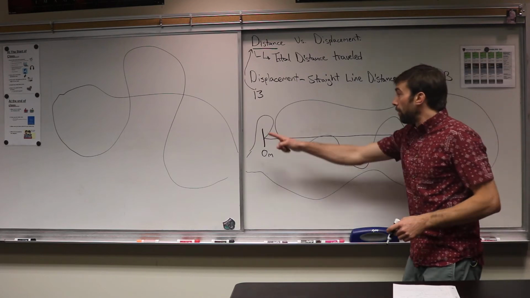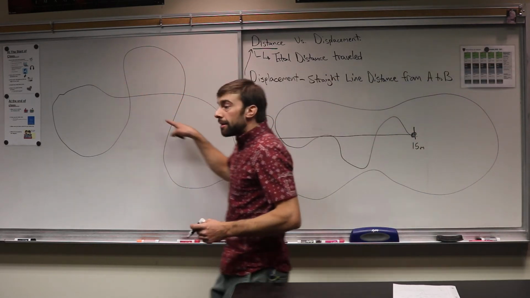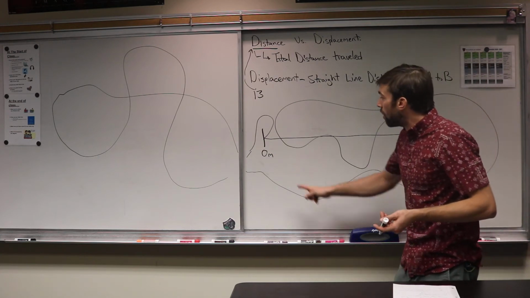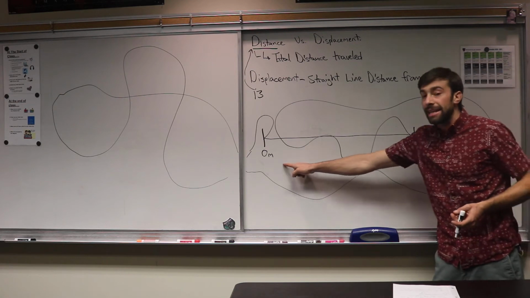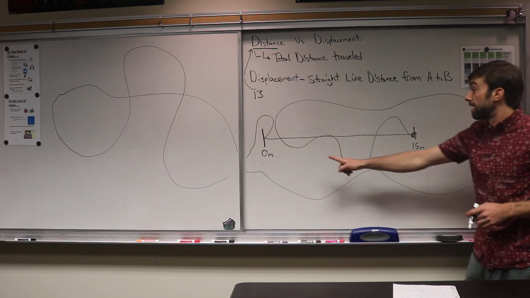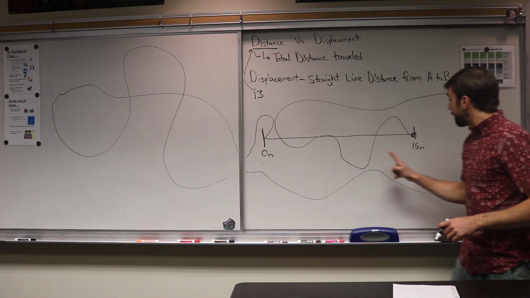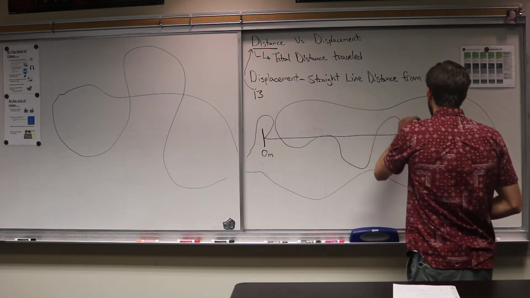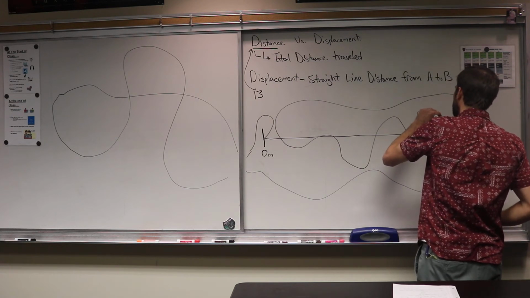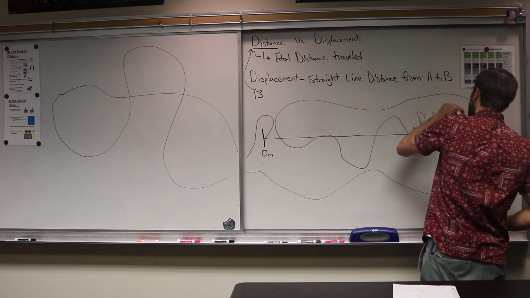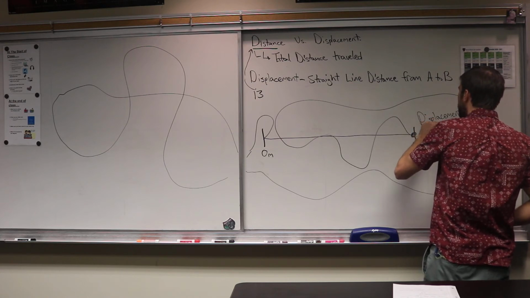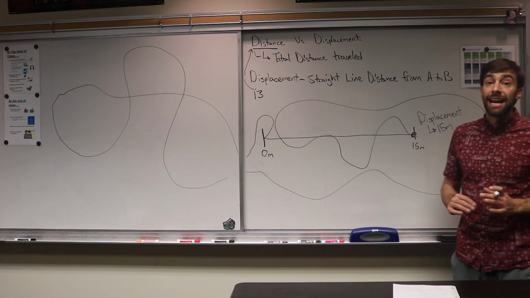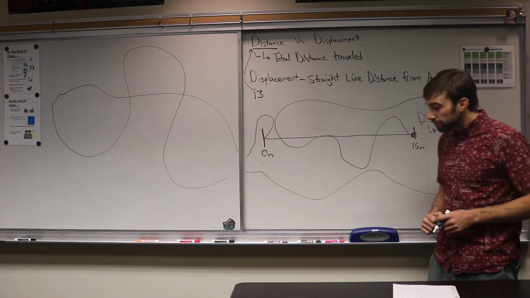Well, we walked all this way, so my distance that I traveled is very, very large. However, what is the displacement that I traveled? It's from 0 meters to 15 meters. So, therefore, my displacement in this case is 15 meters. And my distance that I traveled is much larger.